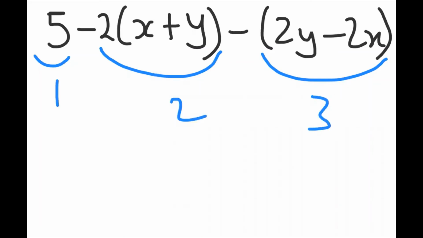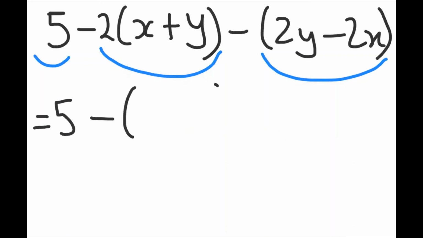So let's do each term separately. Let's start with the first one. We can't do anything now. Let's leave it there. 5 minus. I'm just going to put everything in a bracket for now. Why? Because usually this minus we need to multiply out later. That's why I like to keep the minus and then everything in a bracket. Now let's do this part over here.